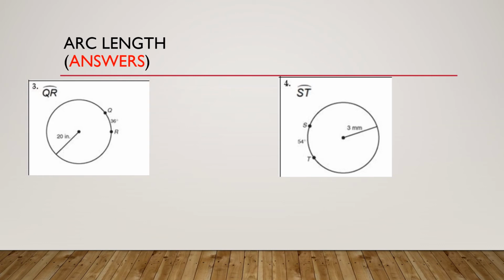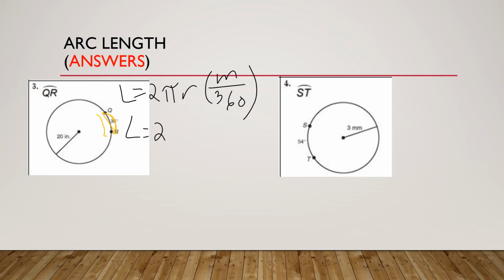On number 3, we're finding the arc length from Q to R. So we are going to, again, write down the formula. Remember, our formula for length is equal to 2 pi r times the quantity of the measurement divided by 360. So we'd have 3 times 2. Again, we could use the pi button if you have it on the calculator. Otherwise, we could use 3.14.